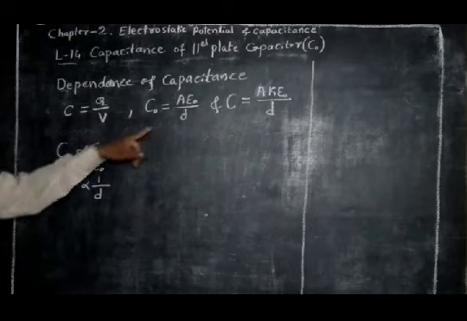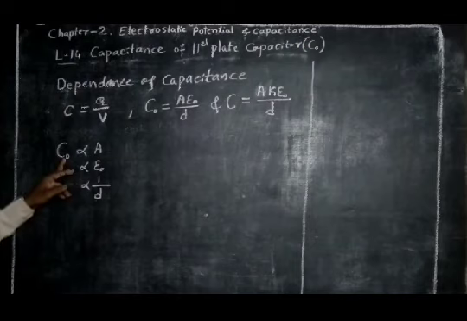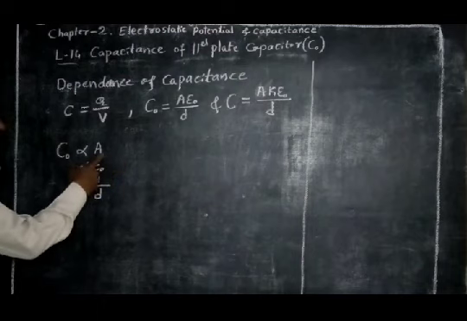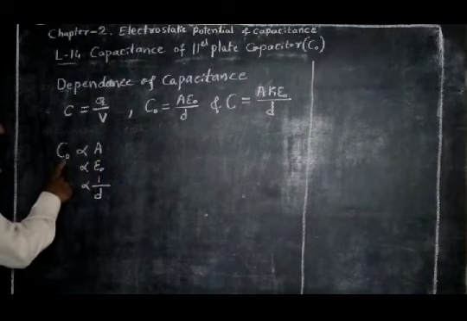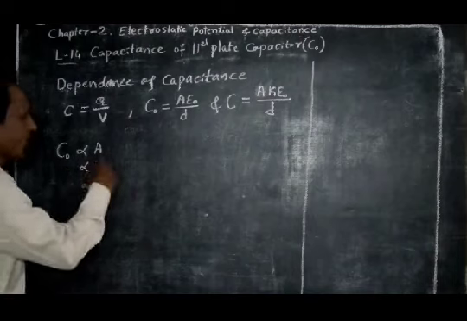Therefore, capacitance of a capacitor increases with area of the plate. As area increases, capacitance increases, and it is directly proportional to permittivity of the medium.